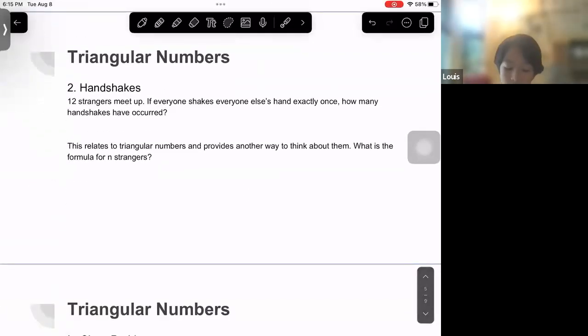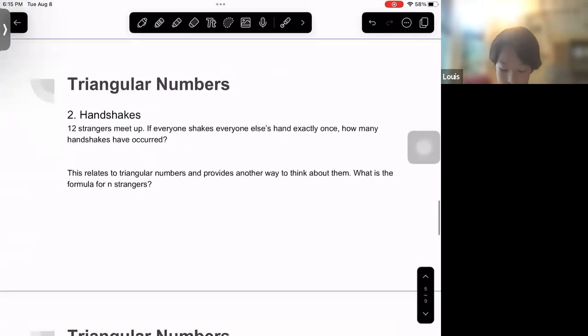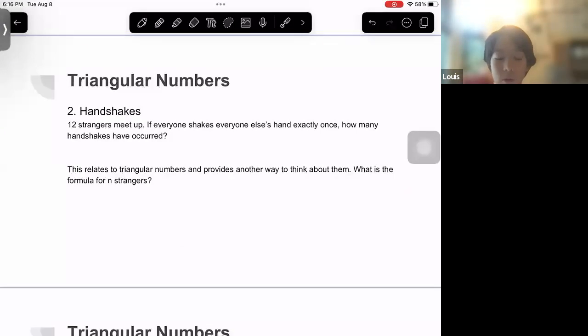So, for handshakes, it's essentially the same as the previous one, because suppose that there are n plus 1 people at a party, and everyone shakes hands with every other person.